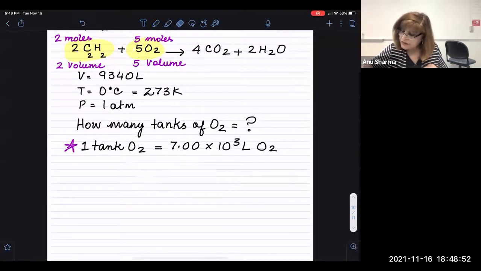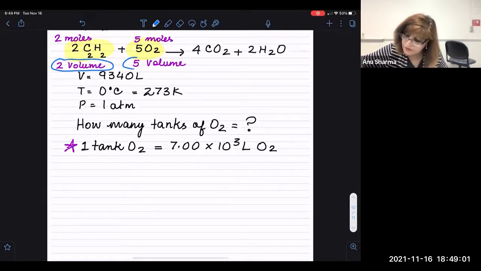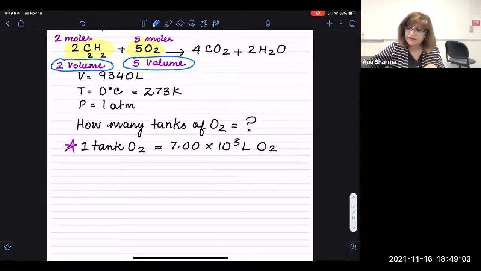This can be used as a conversion factor, but 1 tank is providing this much. But these will be used as conversion factors. So we need to find for oxygen what will be required to burn the acetylene.